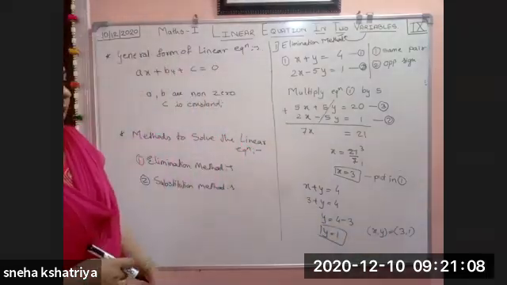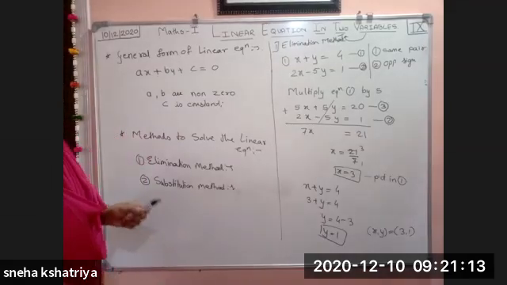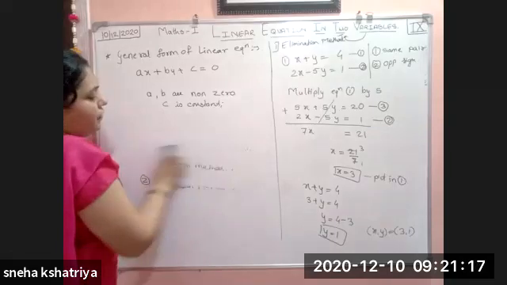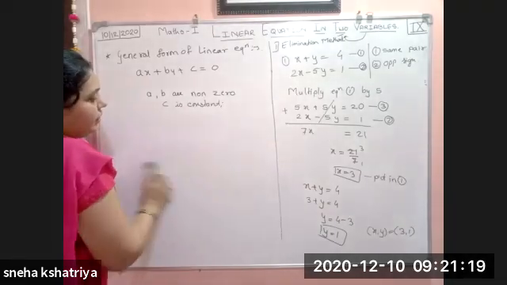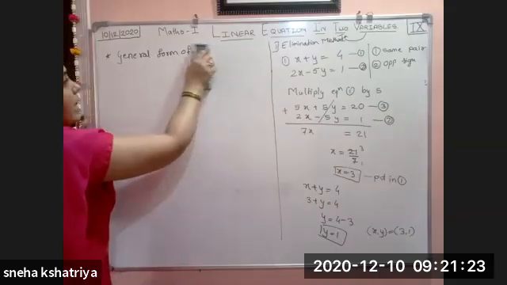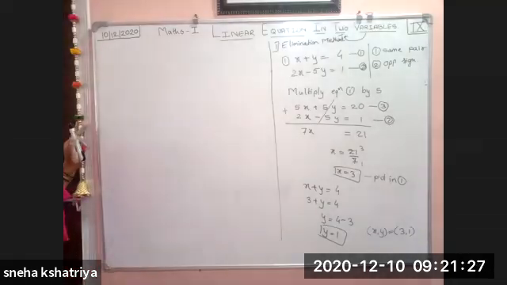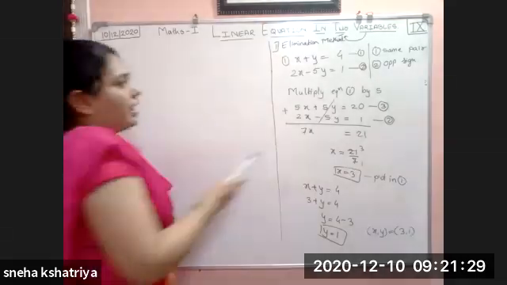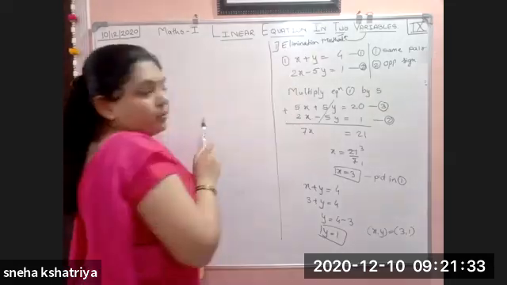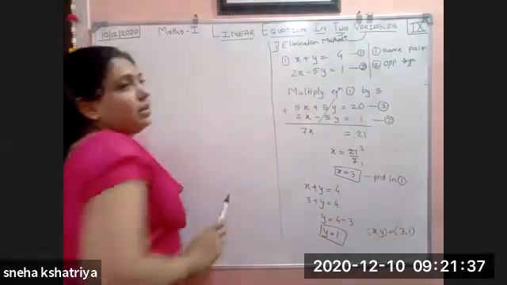So the x, y coordinates are accordingly 3 and 1. So this is your elimination method. Very easy. First you have to look for the same pair. If it is not there, then go for the second: the opposite sign. Wherever you get the opposite sign, there you have to make the same pair.